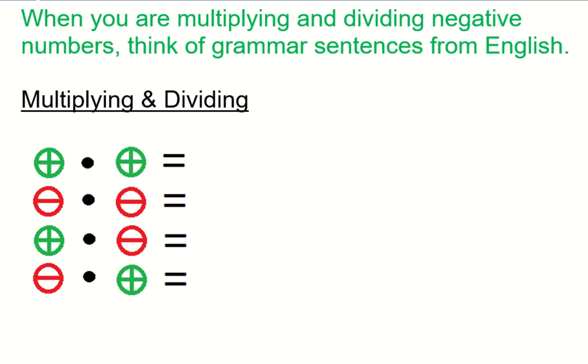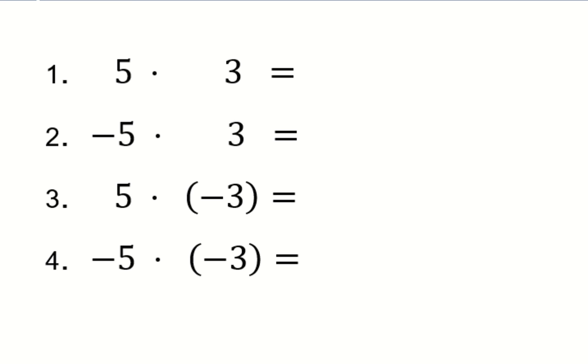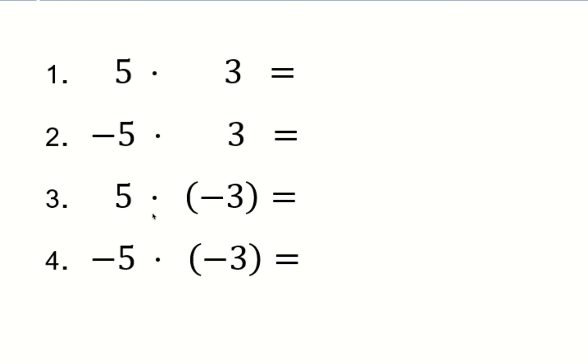As far as multiplying and dividing, whether it's multiplication or division, when the signs are different, when it's a negative times a positive or a positive times a negative, your answer is going to be negative.